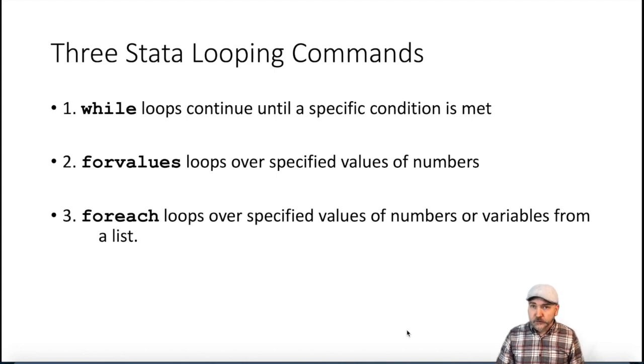That can be a really useful, slightly more advanced way of operating these loops. The forvalues and the foreach do basically the same thing, except that forvalues iterates over numerical values. The foreach is a little bit more general. It can operate over numerical values and over things like variable names. So that's the one that we'll take a look at here.